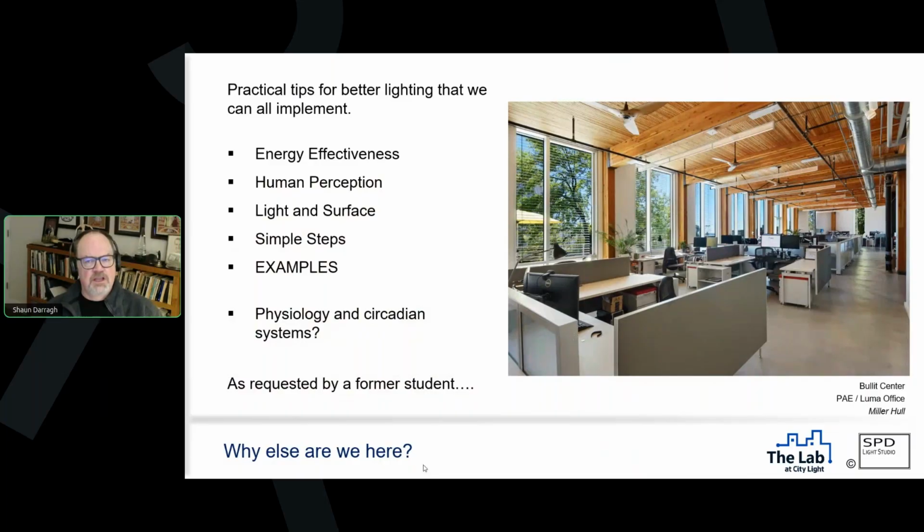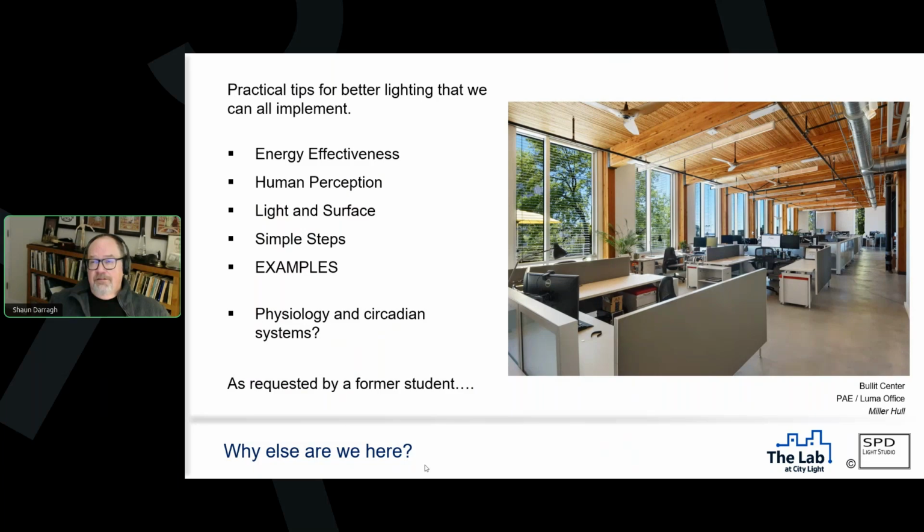So why else are we here, right? This class is actually a bit of an amalgam. Some of you may actually see some images that you've seen before in other slides because there are particular projects that I like to use as examples, either for good or bad, or maybe things we could have done better.